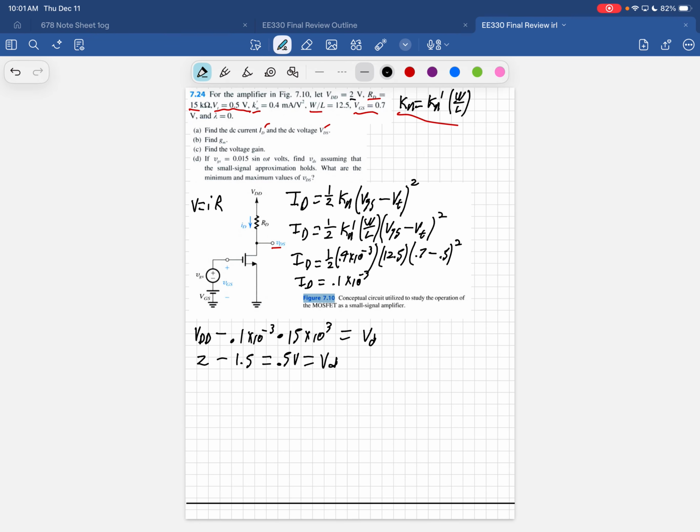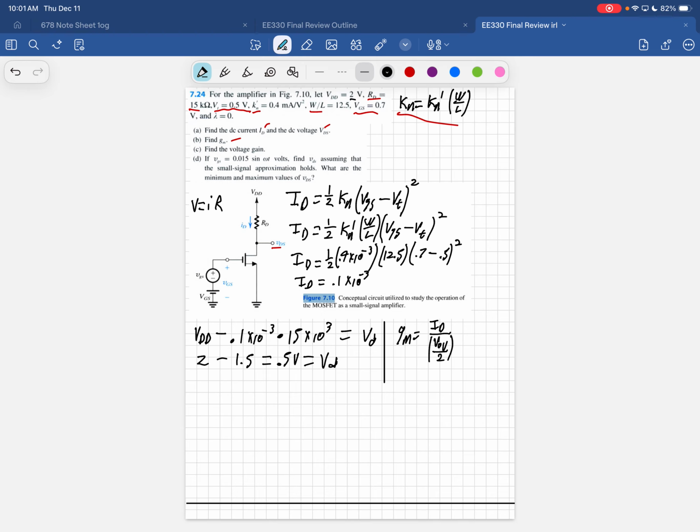The next thing that they ask for is GM. So I'm going to come over to my sheet over here. I'm going to look at the thing that says GM, and I'm going to see that GM equals ID over VOV divided by 2.